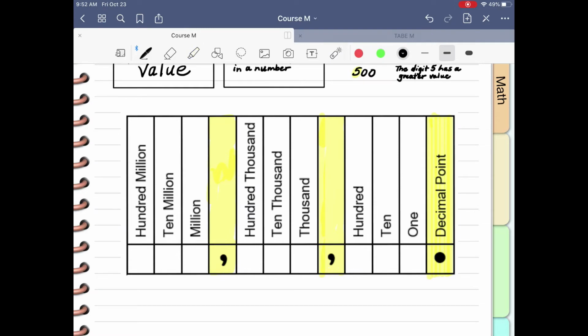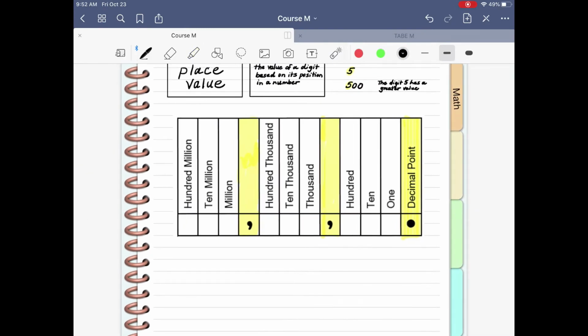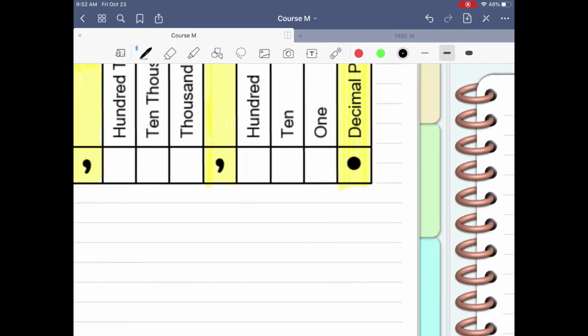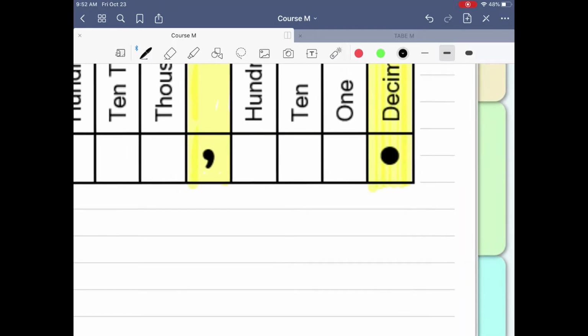And let's just put some notes in here about the decimal and the commas. What does a decimal point do? A decimal separates the whole values from parts.